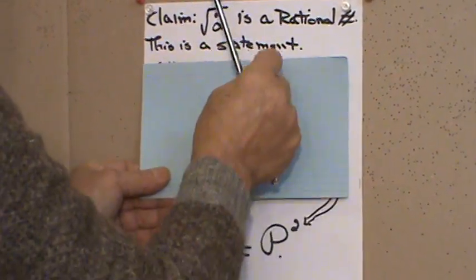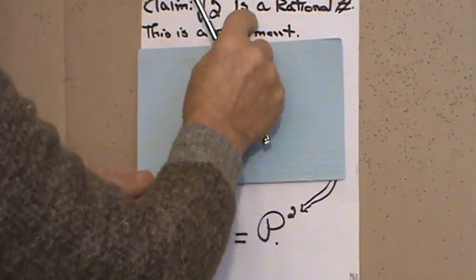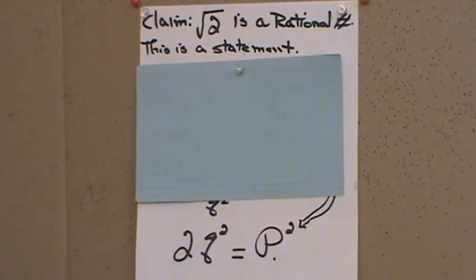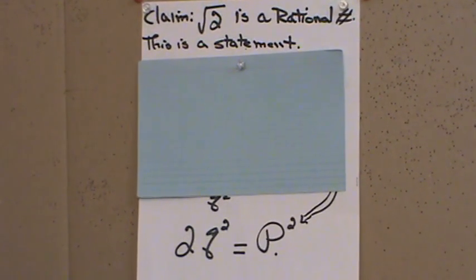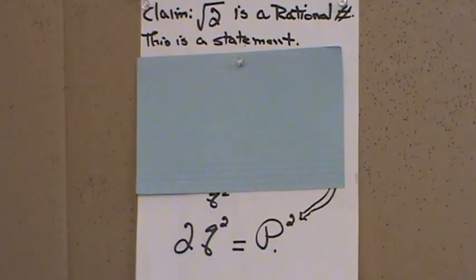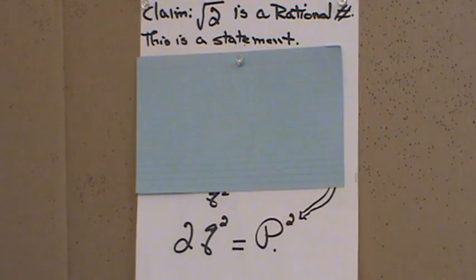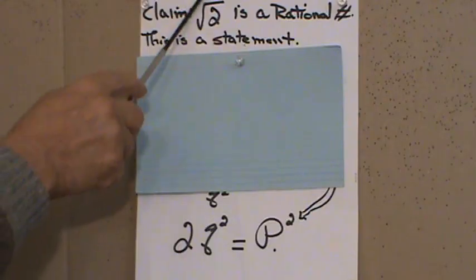Now, if this statement is true, then according to the definition of a rational number, we must be able to find 2 integers. In this case they are going to be positive integers, or let's call them natural numbers. We have to find two natural numbers, p and q, such that p over q is equal to the square root of 2.